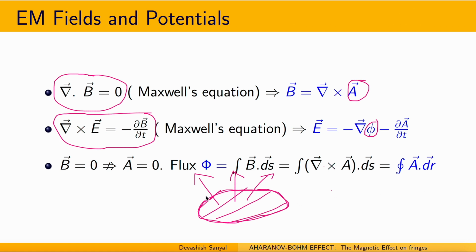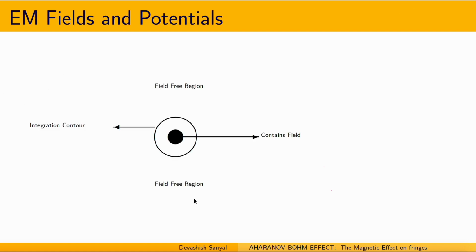So A dot dr is along this closed loop. So why do we say that when B is 0, A is not 0? That will be very clear here.